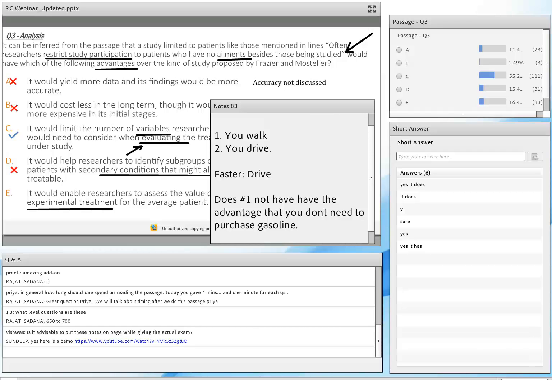In the same way, if you consider a study with limited variables, it has the advantage that yes, you have to really study fewer variables. You've got to understand what the question is asking. Okay, is that clear? Yes, it's an advantage.